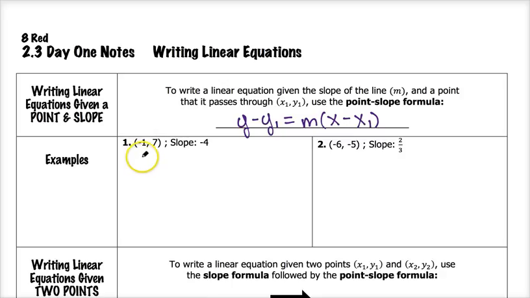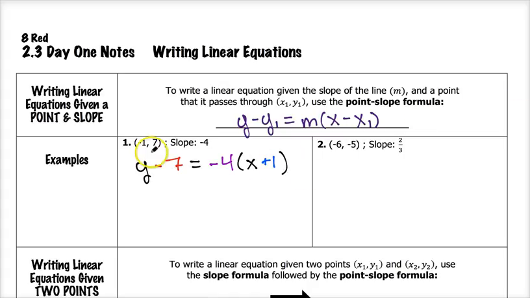If I want to write the equation of a line that passes through the point -1, 7 and has a slope of -4, then using this formula, I can write this as y minus 7 equals -4 times the quantity x plus 1.